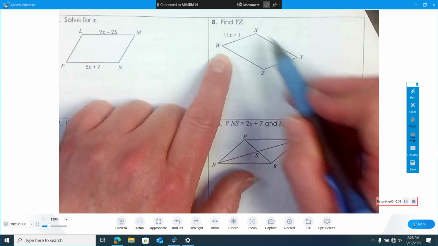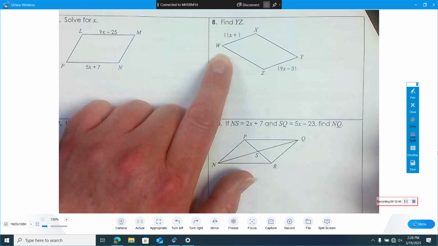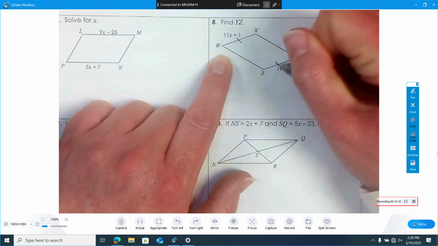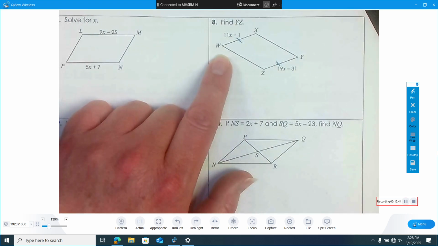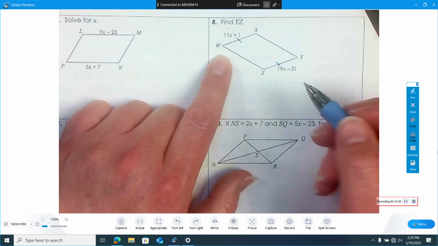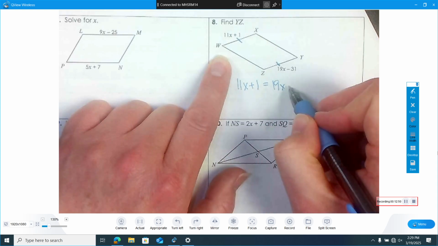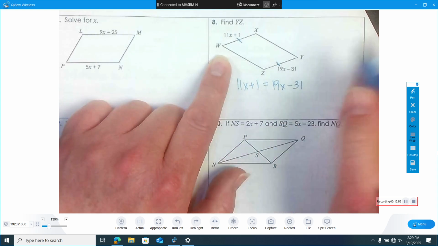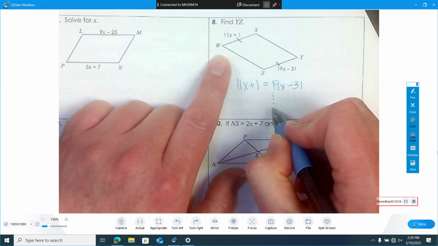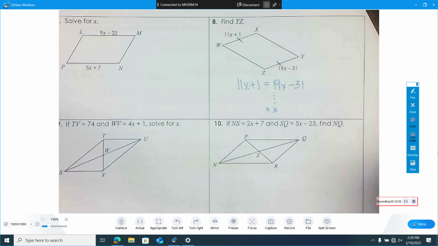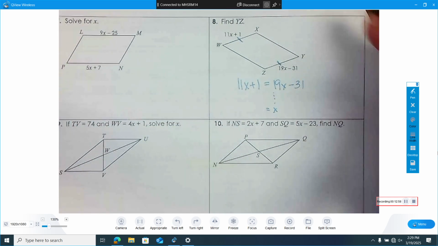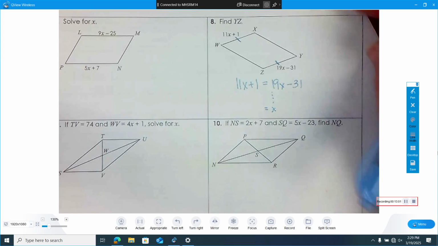What do we know about these sides in a parallelogram? They are equal. Opposite sides are congruent. So what equation can we write? Good. 11x plus 1 equals 19x minus 31. Beautiful. And we could solve for x from there.